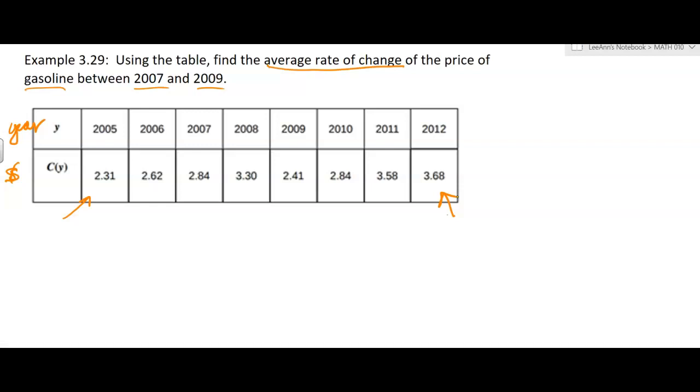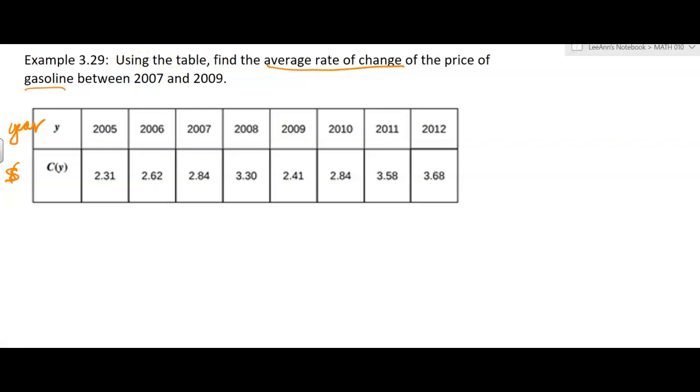Anyway, so we're seeing how the gasoline prices are changing. And sometimes it went up, sometimes it went down. Like from here to here, it went down, but then it went back up. Okay, so it's kind of all over the place, but what we're looking for is an average rate of change. Now, when they ask for an average rate of change, they have to tell you over what interval.